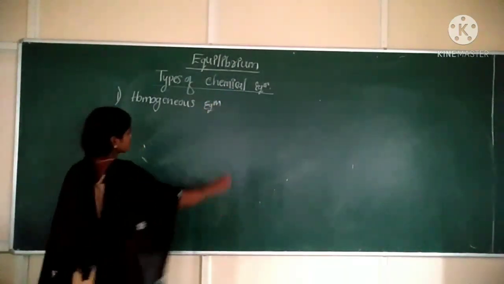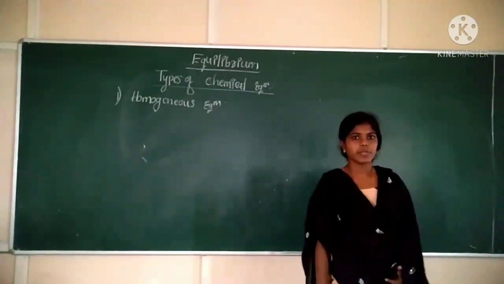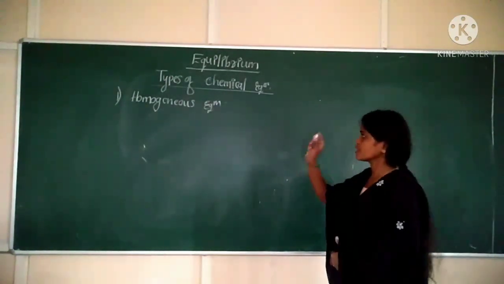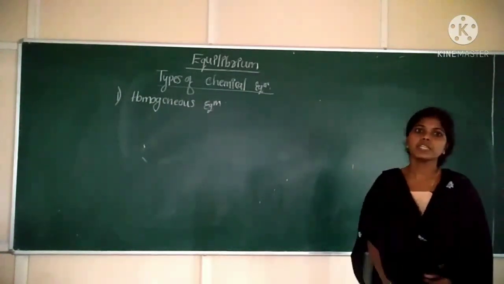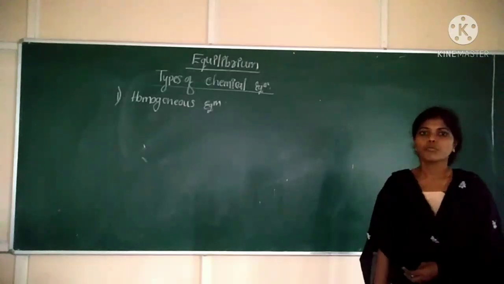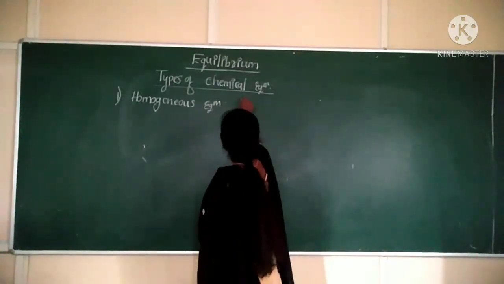Okay, what is homogeneous equilibrium? If the reactants and products are present in the same phase, means in the same state, those reactions are said to be at homogeneous equilibrium. What is the definition?